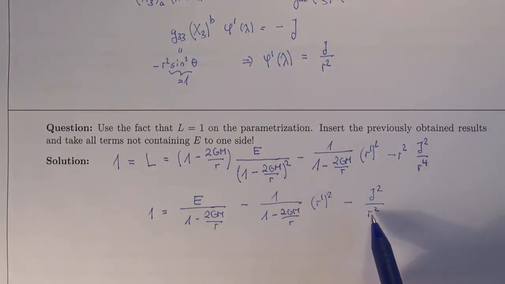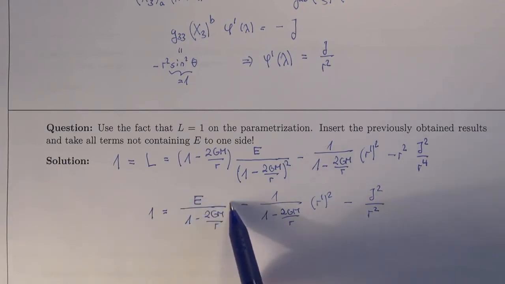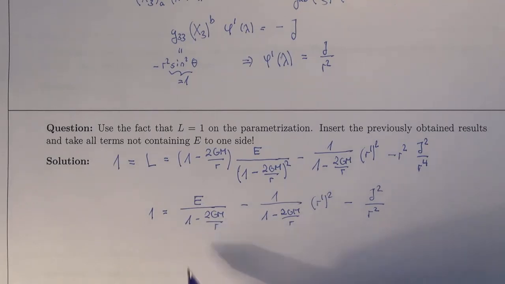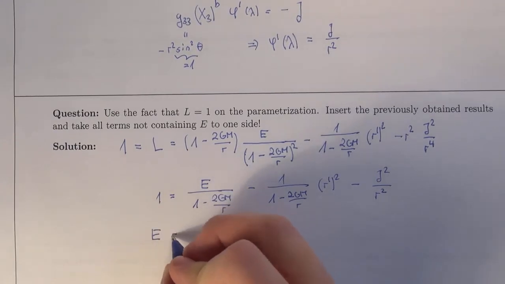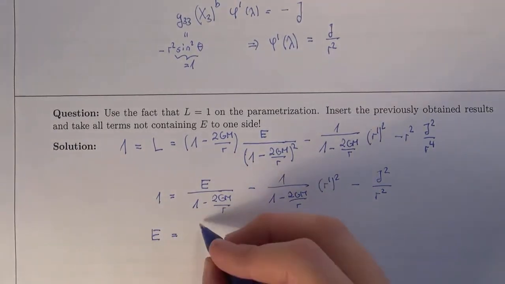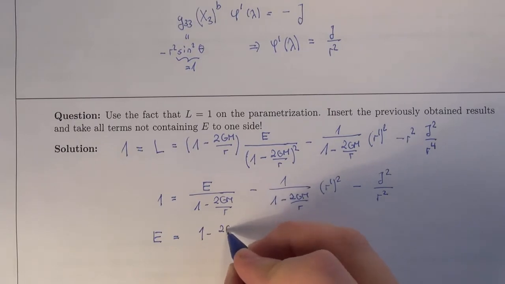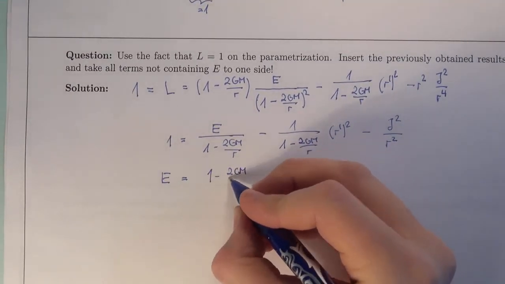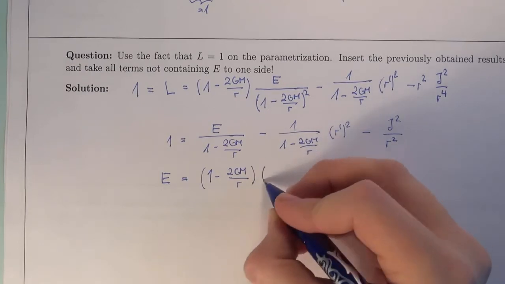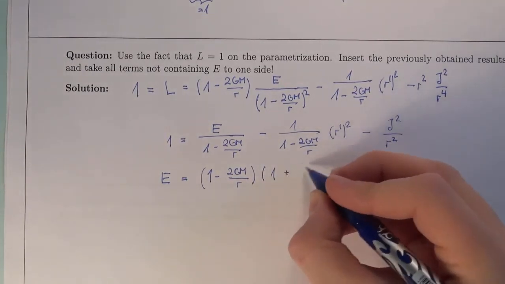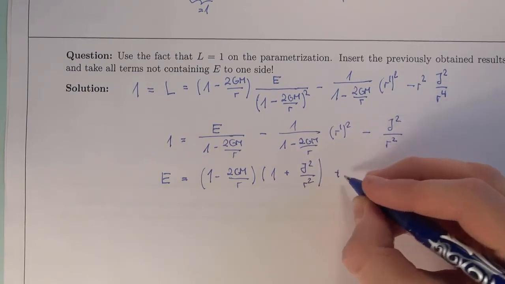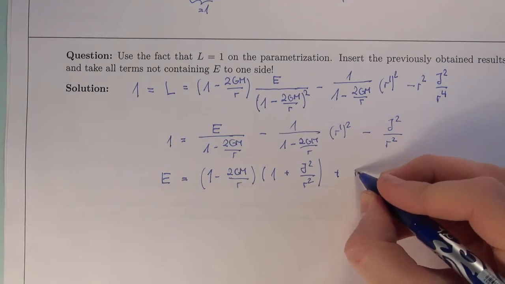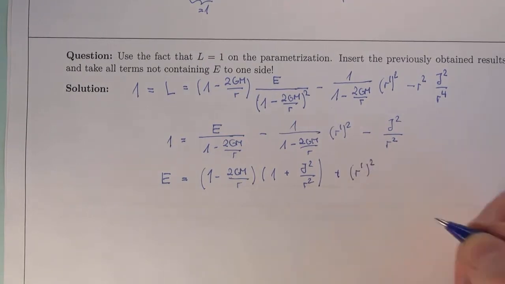And now we put all terms that contain E, which is only the first one here, to one side, and all the other ones to the other side. So we find that E is equal to (1 - 2GM/r) times (1 + J squared divided by r squared) plus an r prime squared term.